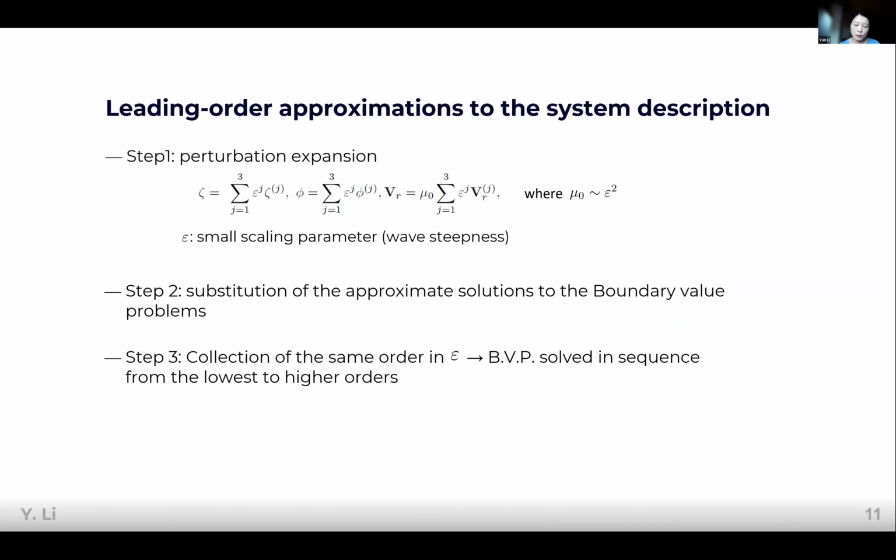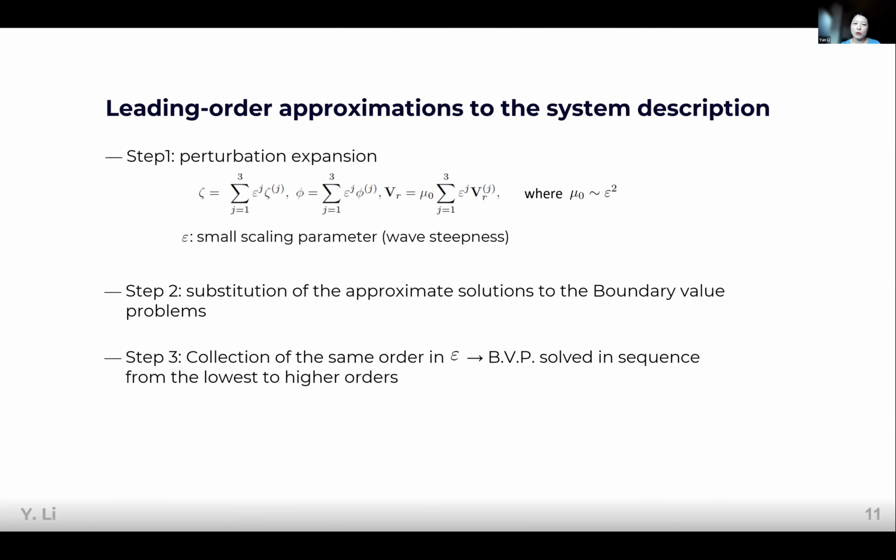Basically, we express the unknowns in terms of power series in a small scaling parameter, and here we used wave steepness as our small scaling parameter. After this expression, we insert the approximate solutions into the boundary value problem I introduced before. This allows us to collect the same order in this small scaling parameter, and we obtain the boundary value problems in sequence from the lowest order to higher orders.